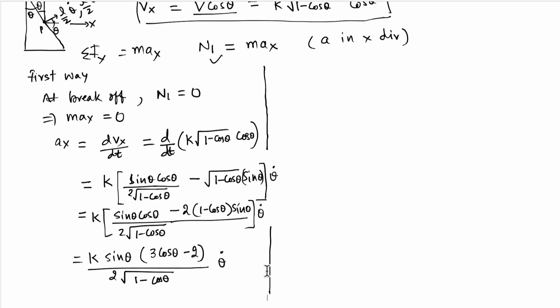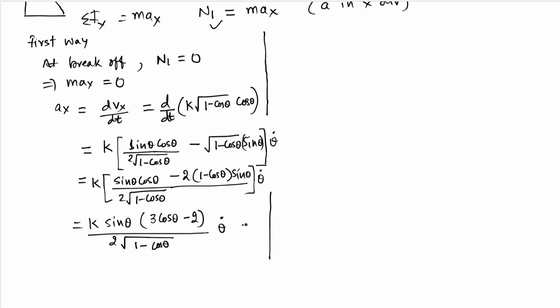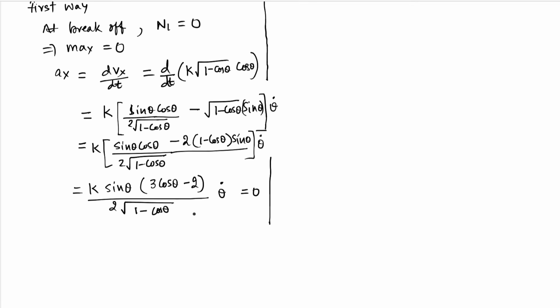We know that ax is 0, so we need to just put this as 0. We also know that theta dot is not equal to 0. Therefore, k sin theta times 3 cos theta minus 2 will be 0. And therefore, we get cos theta as 2 by 3.